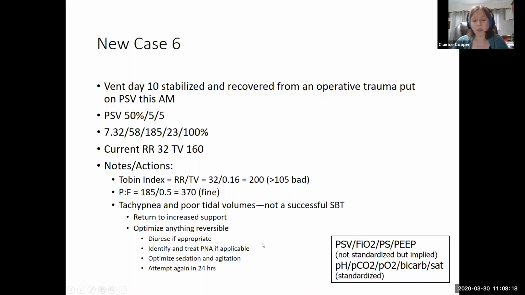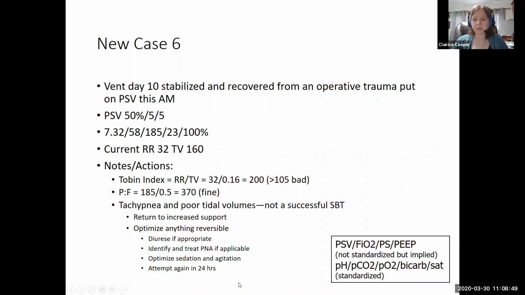And if it's a primary pulmonary issue, then the literature would suggest, though it's not definitive, that you probably should just wait until the next day. Additional repeated pressure support trials or spontaneous breathing trials in the case of a patient who is not ready from a pulmonary standpoint are probably just going to stress the patient more and take more of a toll on their system than allowing them to rest while you fix what you can.